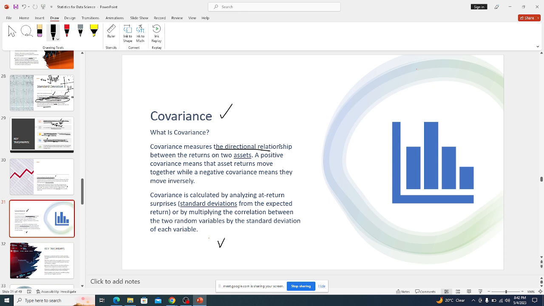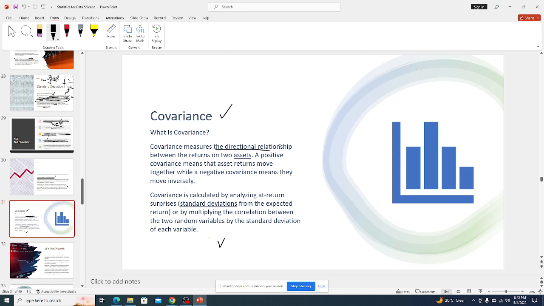Okay, let me give it a try. Of course, I love people who try. When you talk about covariance, it measures the degree at which one variable changes in relation to another variable.